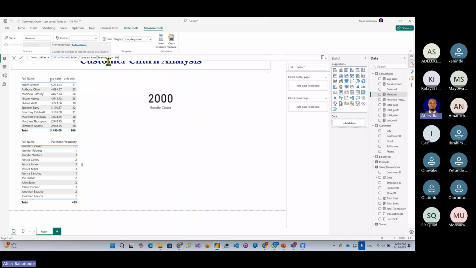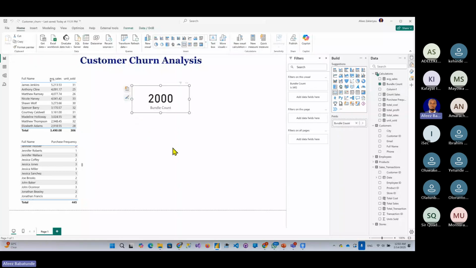So let's check. If you have the same thing, that means there's nothing like bundle buying, product bundle. If the figures are the same, that means you cannot do product bundle with this sample data.